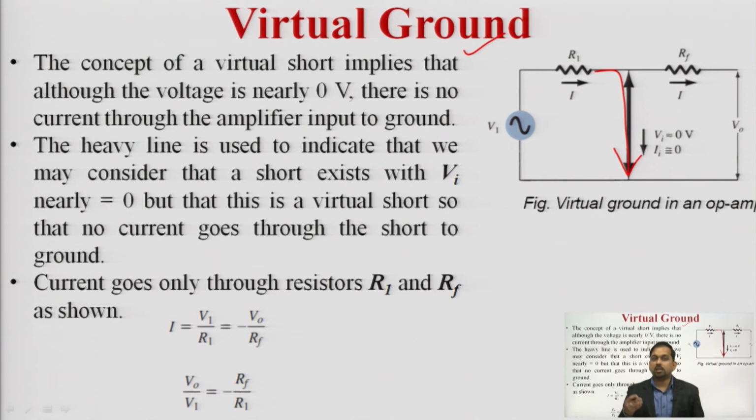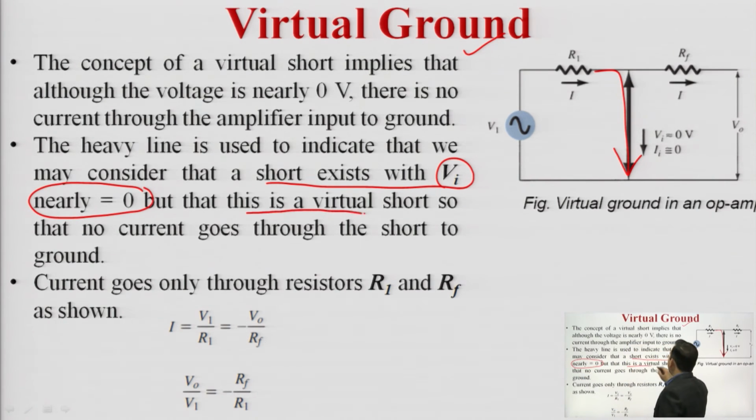So as a result, the current is not flowing. The heavy line is basically used to indicate that we may consider that a short circuit exists, short exists with Vi nearly 0.